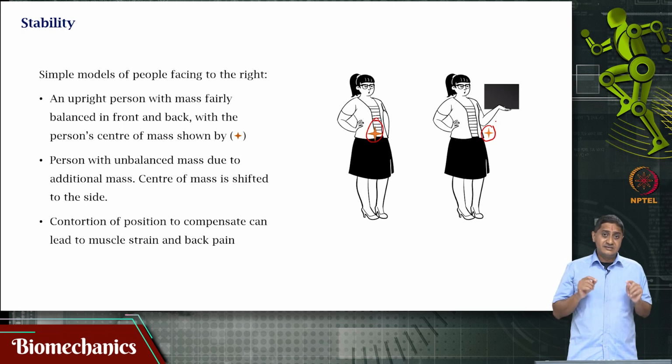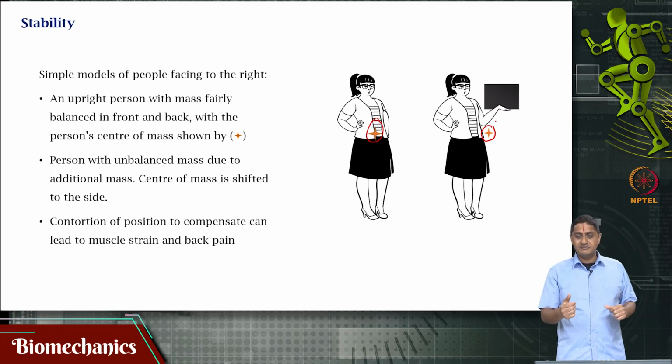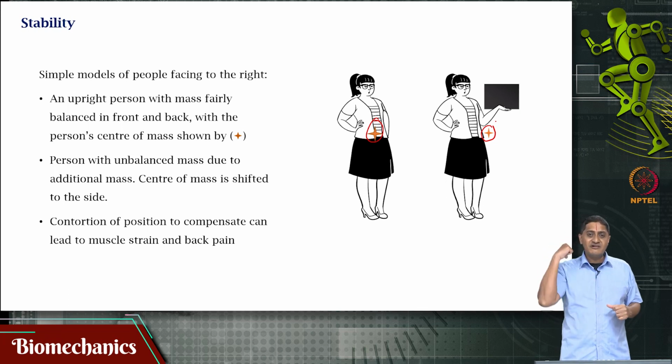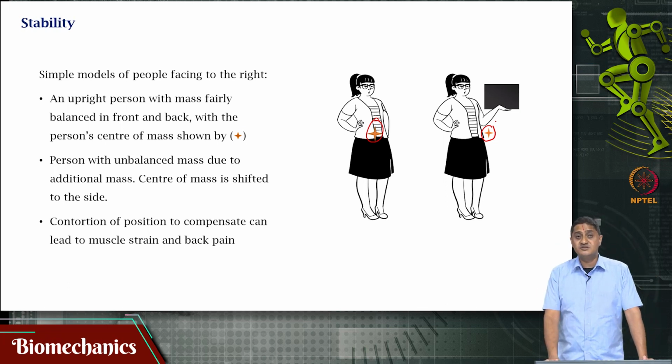This leads to a situation in which there has to be development of a compensatory torque in the posterior direction. In the sagittal plane, you will have to develop compensatory torques in the opposite direction, and as long as these people are standing and walking, they will have to consistently and continuously develop these compensatory torques with the muscles of the back, the erector spinae, whatever these muscles are.